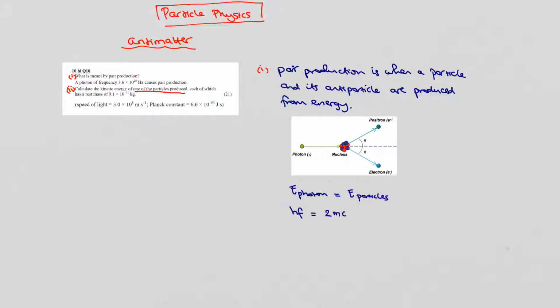But because we have two particles, each particle has its own energy. In other words, the energy is being converted into each mass. And if we just make the particles, but the particles don't move anywhere, it would just be hf equals 2mc squared. But if there's any excess energy left over, then this is given by the kinetic energy of the two particles.